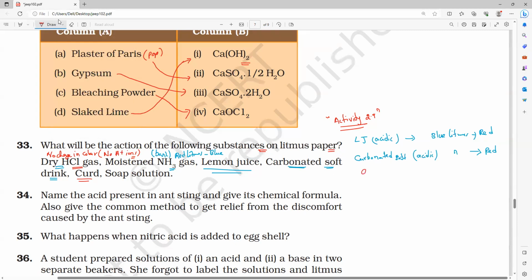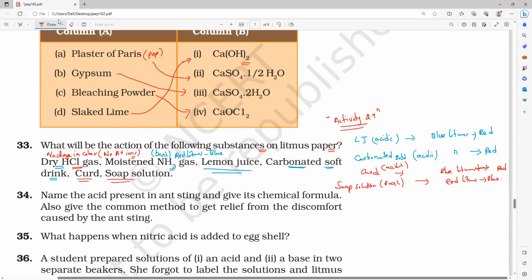Curd is acidic, so it is acidic in nature, again converting blue litmus to red. Next, soap solution. Soap is slippery in nature. Soap solution is basic in nature, so it will convert red litmus to blue.